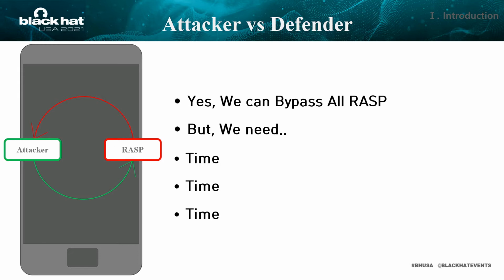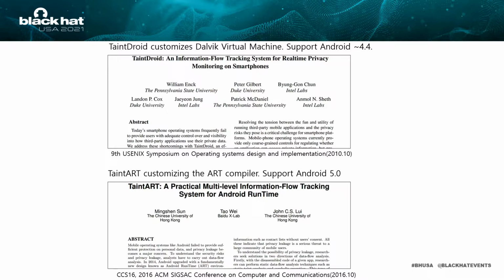I want to get away from the endless fight between protection and bypass, just like Tom and Jerry. So over the past years, I have been thinking about how to analyze the app easily and effectively without being detected by RASP. Then I found two papers published in USENIX 2021 and ACM 2016.